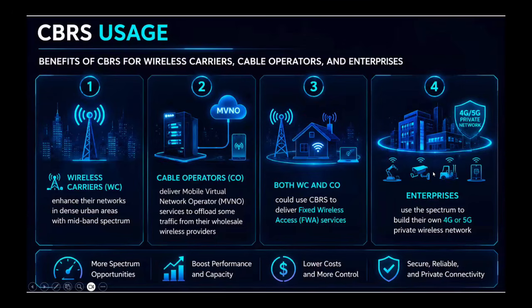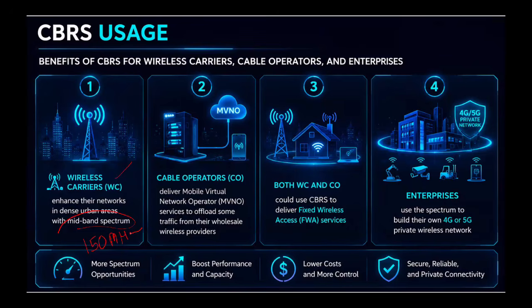So what are the benefits of CBRS for wireless carriers, cable operators, and the enterprises? First of all, for the wireless carriers, with the help of CBRS, we can improve the capacity by adding a new spectrum, right? And it has a bandwidth of around 150 megahertz. And after that, cable operators can also offload their traffic and improve the capacity.